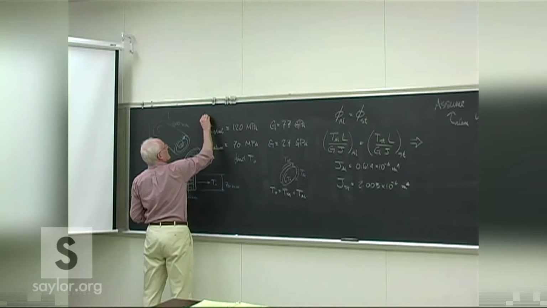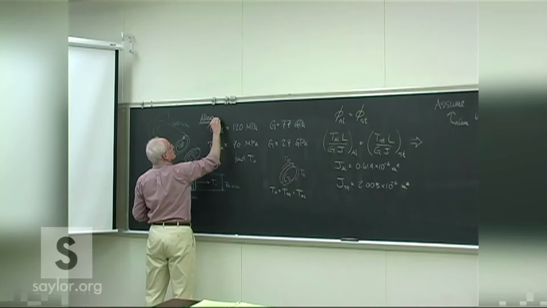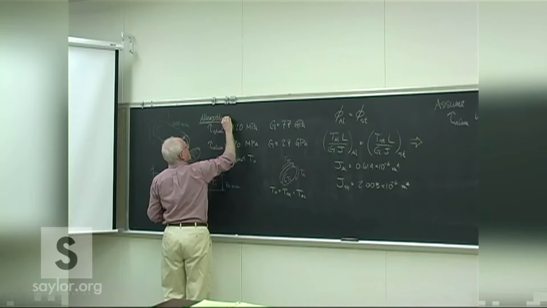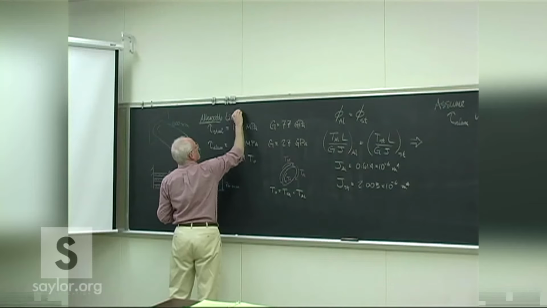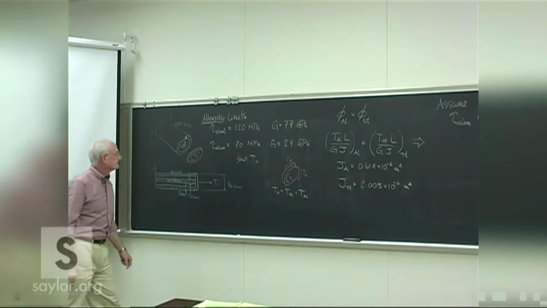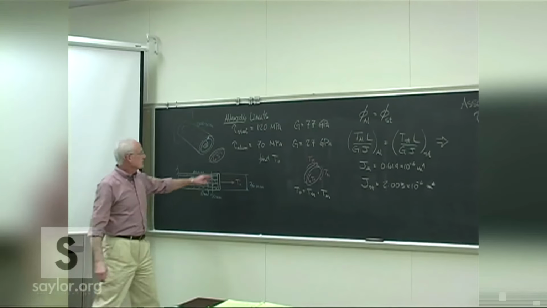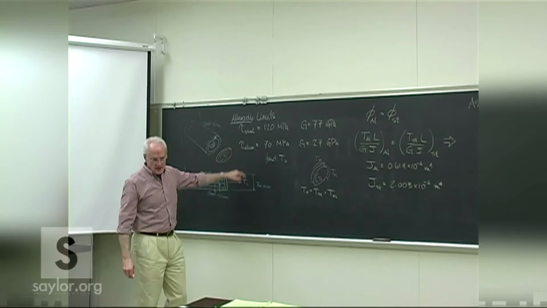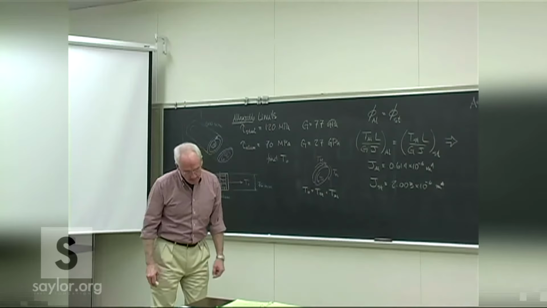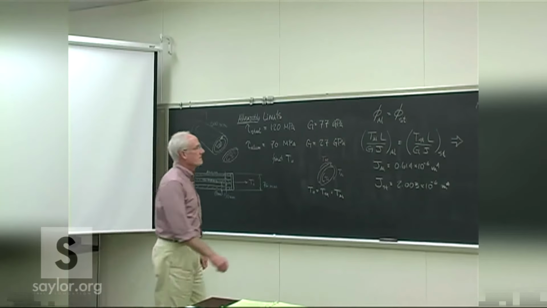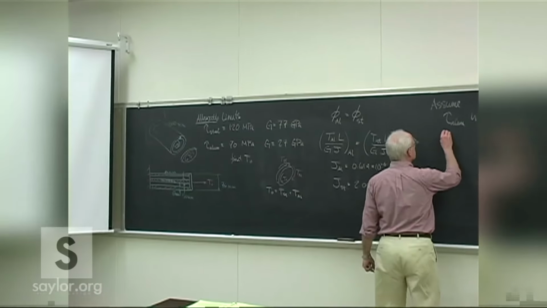Remember, these are allowable limits. So assume we're at the shear stress limit on the aluminum, use that then to find the load on the aluminum.